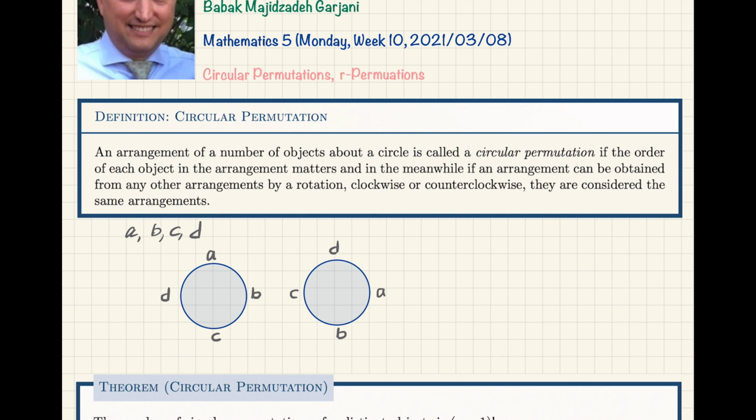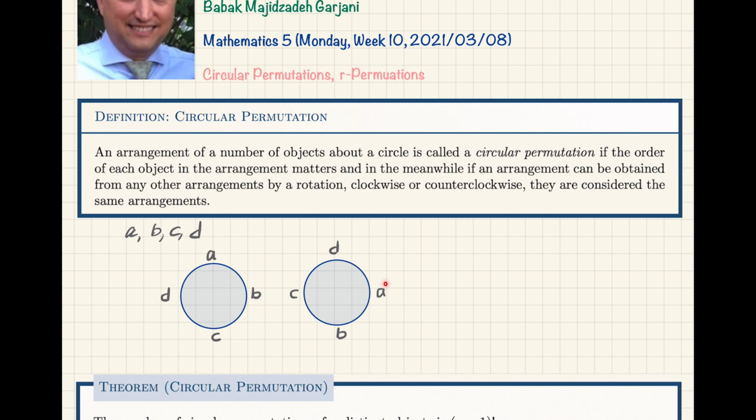But if you ask what the neighbors of this person A are, these are B and D. Looking into the page, B is on the right hand side of A, and D is on the left hand side of A. So the neighbors of A are the same, with B on the right and D on the left.